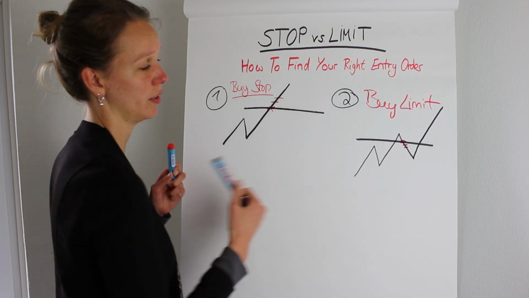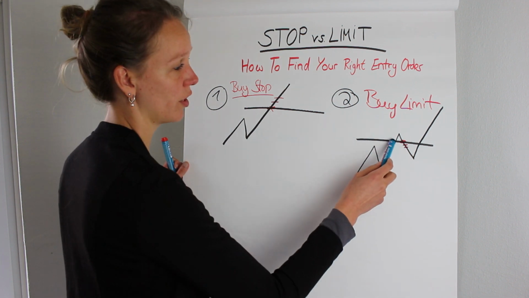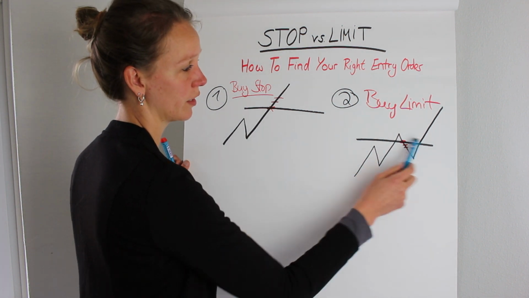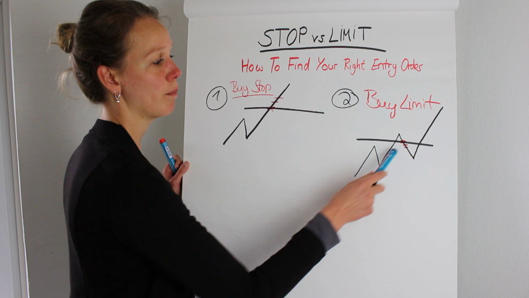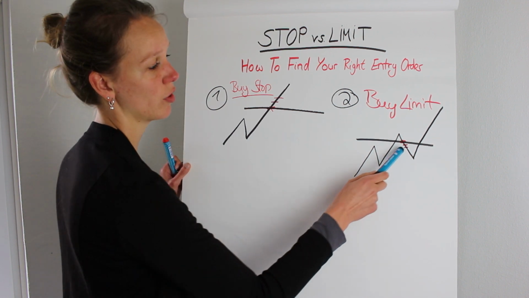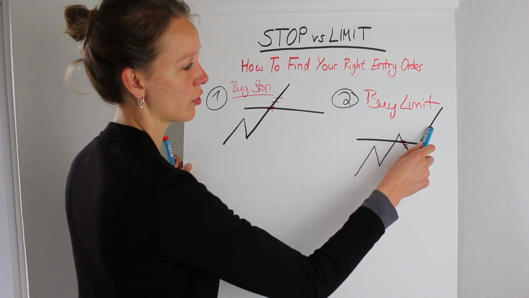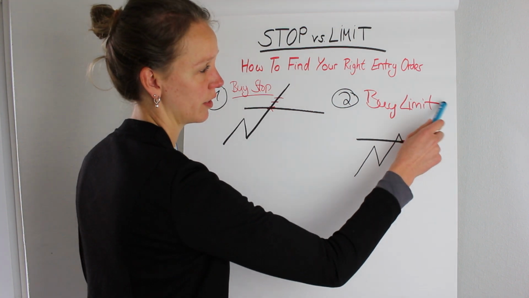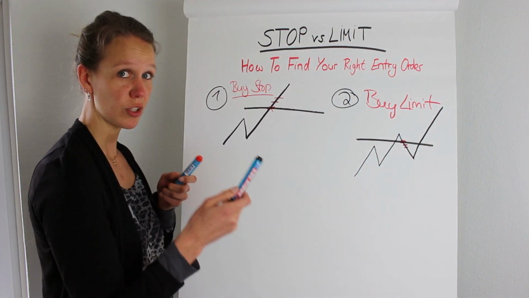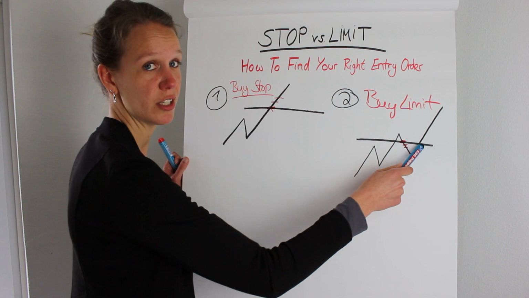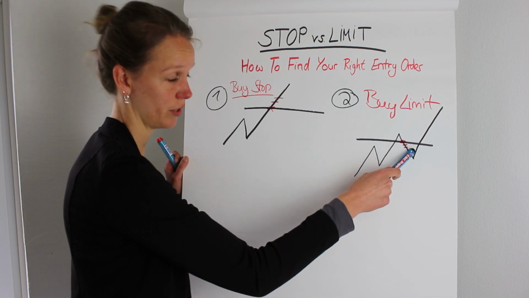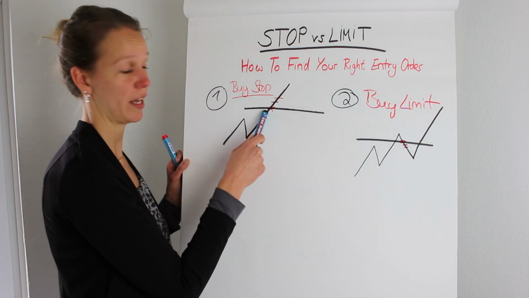But this, for example, is also a good choice if you want to enter the market at a certain price, but not higher. That way you prevent yourself from getting into the market right here if your target is already here. So you make sure that your risk doesn't get higher than you wanted. In this case, it happens really fast.